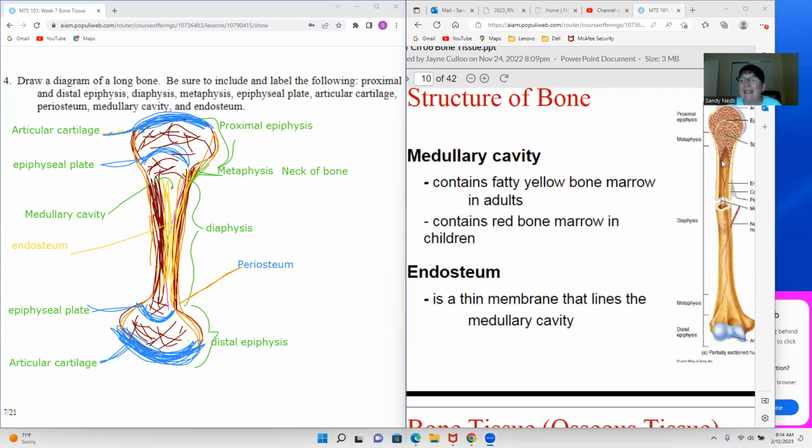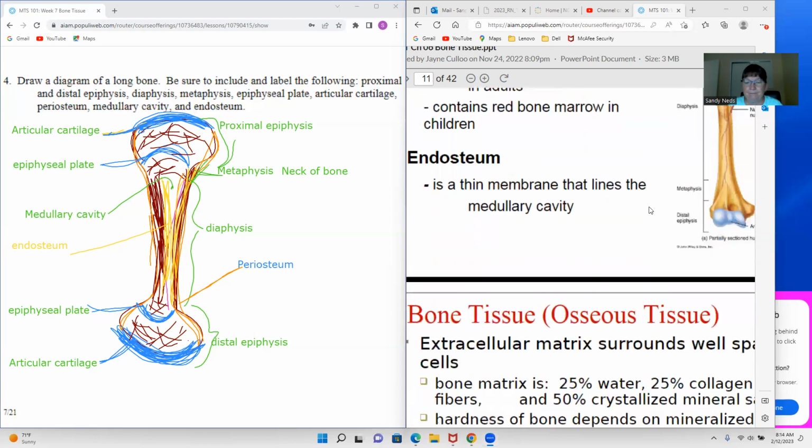And then lining this medullary cavity is the same type of dense, irregular connective tissue on the inside, lining the cavity. And that is called the endosteum. It's just a membrane that lines the medullary cavity that separates the triglyceride storage, the yellow bone marrow, from the bone.